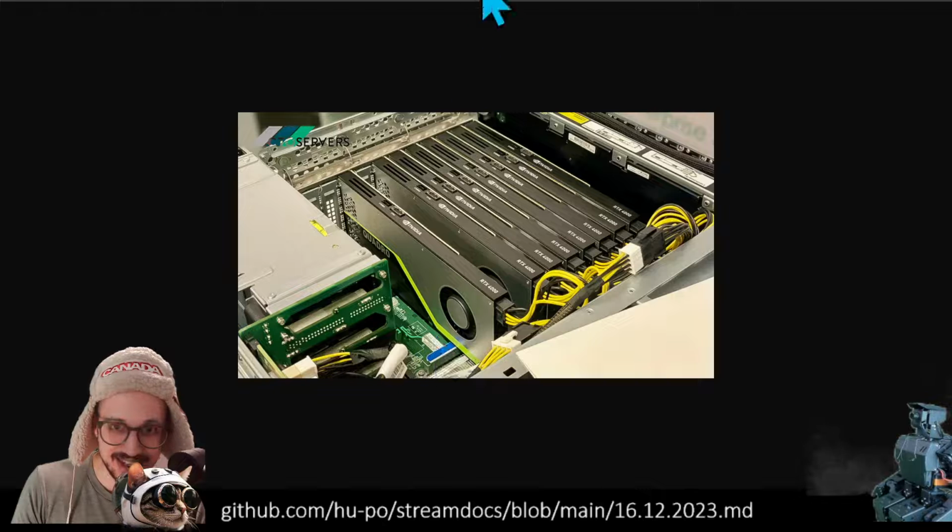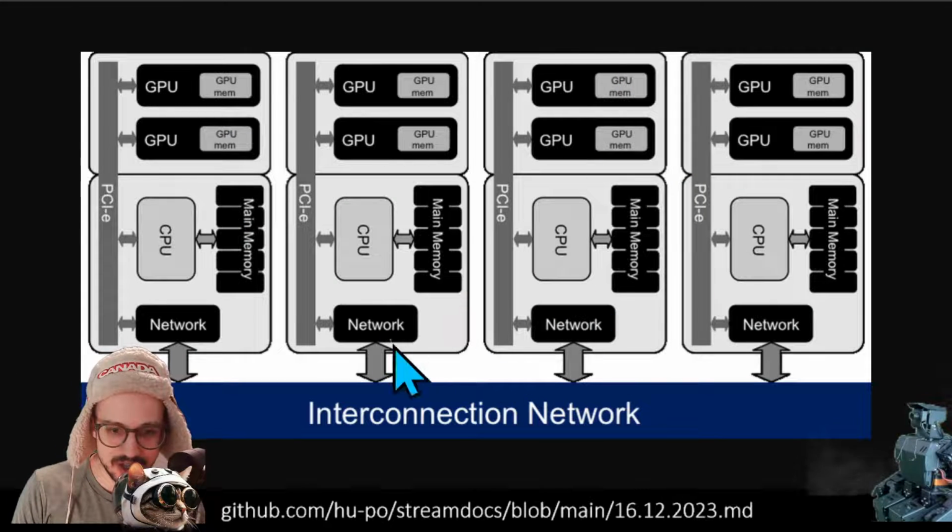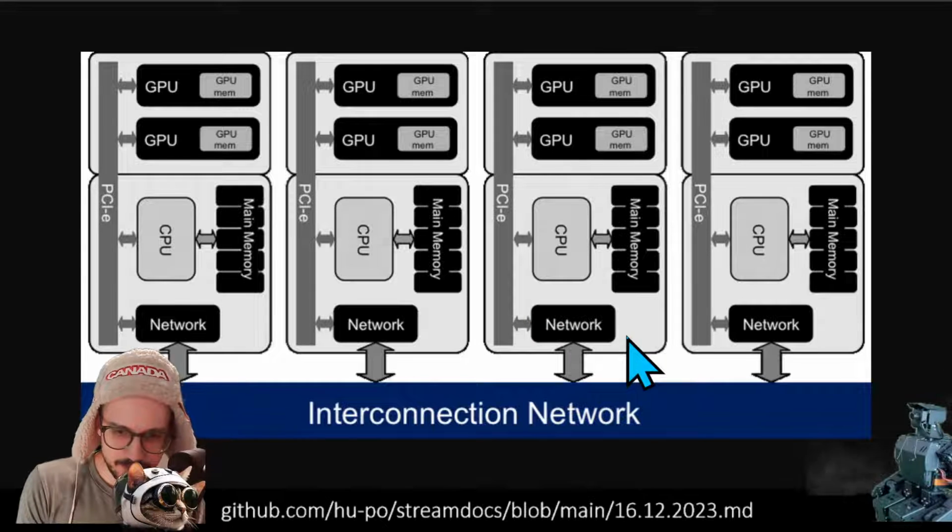But then there's a level on top of that. The network speed between these little servers within the same data center might be fast, but what about the network speed between data centers? That's going to be slower. So, just some stuff to think about.